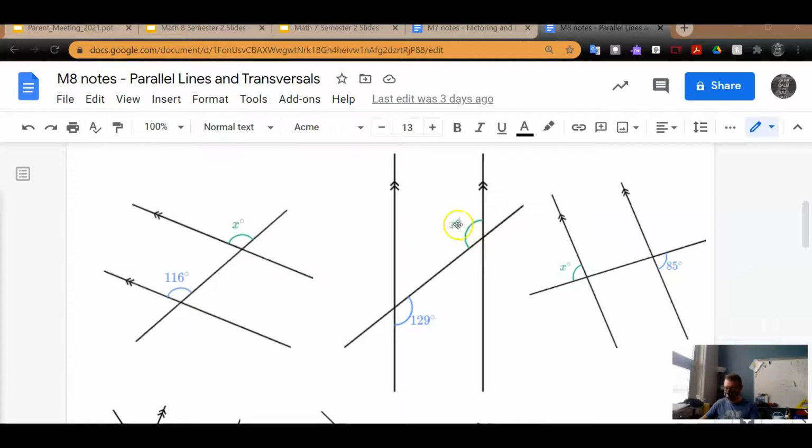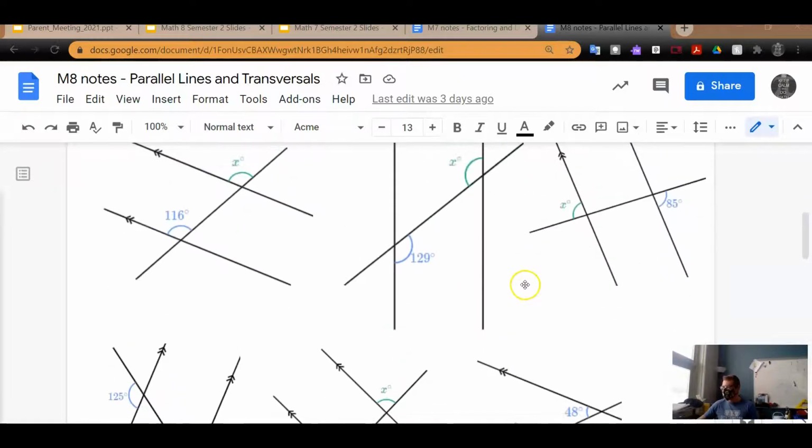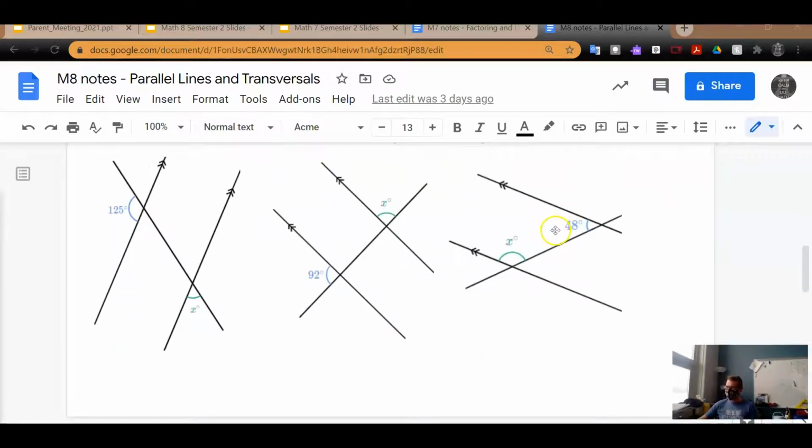It is also congruent and is 129. Please stop me if you have questions. Nick is not in the room right now. Rachel, what is the measure of X? Sorry, I just realized all of these are X, and that's dumb. But what is the measure of X here? Also congruent and is 85. Man, Hudson, you're making this too easy. Maya, what is the measure of X over here? Ooh, how'd you get that?